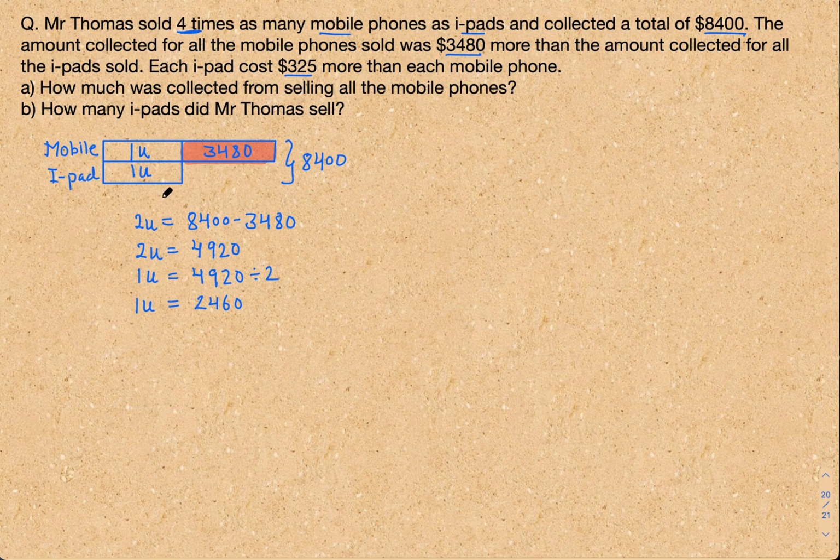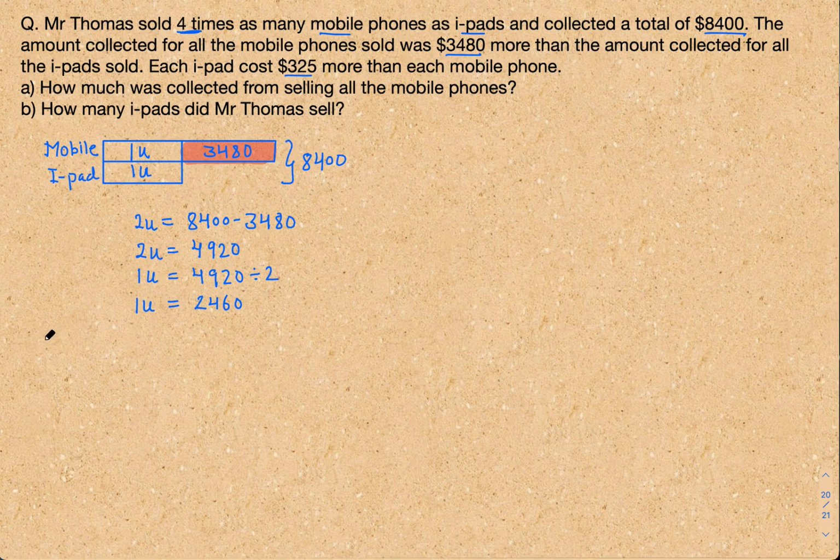Why? Because here we can see that 1 unit represents the amount collected by selling the iPads, and 1 unit is 2460. But the part A of the question is, how much was collected from selling all the mobile phones, right? So we know that this one represents the amount collected by selling all the mobile phones, which is 1 unit plus 3480.